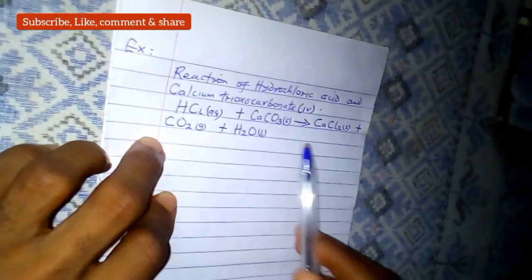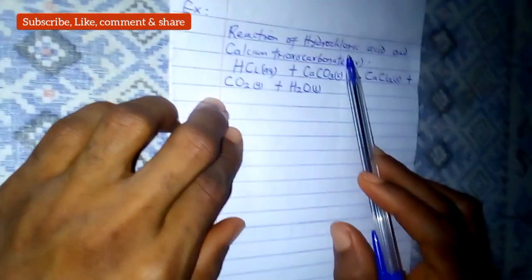So this is a simple equation showing the reaction between hydrochloric acid and calcium trioxocarbonate.